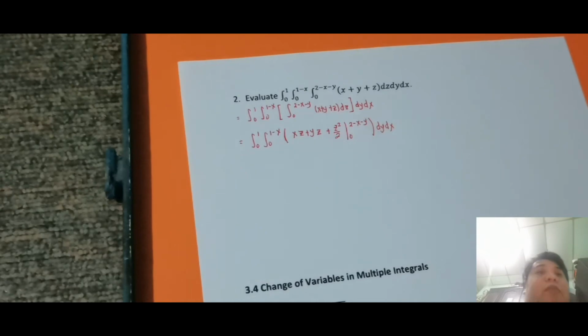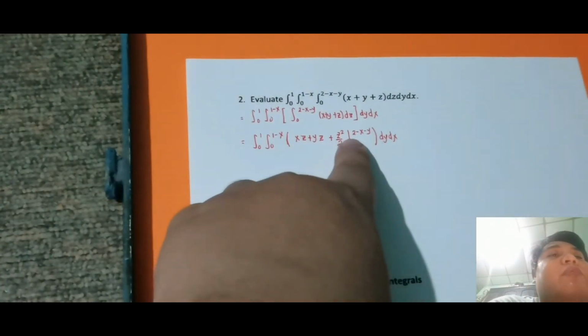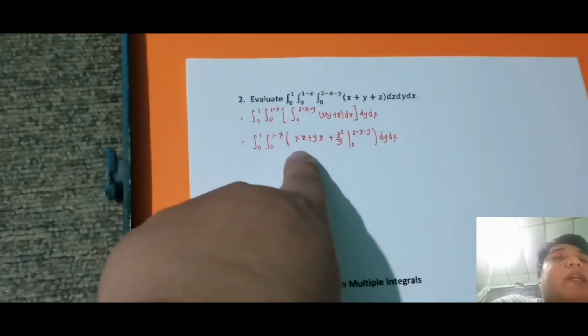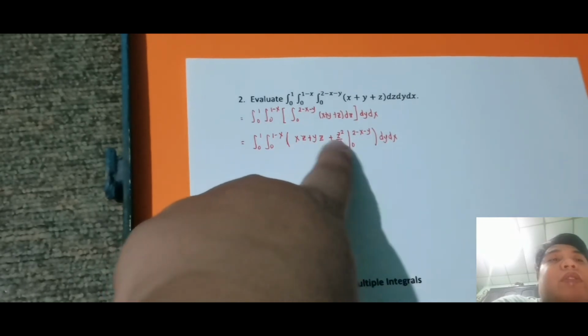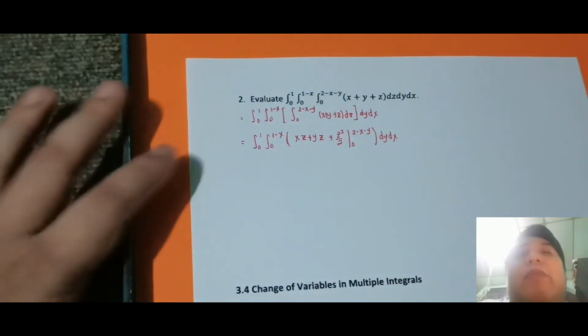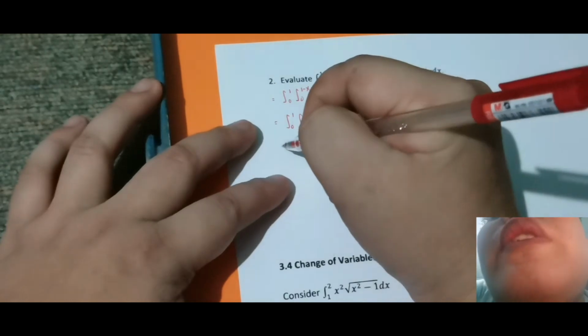Okay, so check natin ano mangyari. So, syempre substitute natin yung 2 minus x minus y dun sa kada z natin. So, dito, dito, and dito. So, yun, medyo mahaba-haba na naman pala siyang solving. Okay, so check na lang natin.